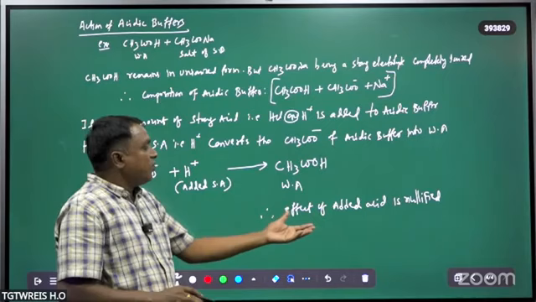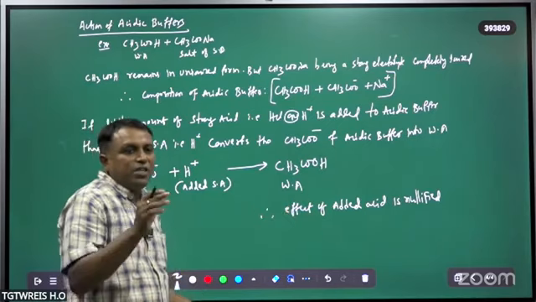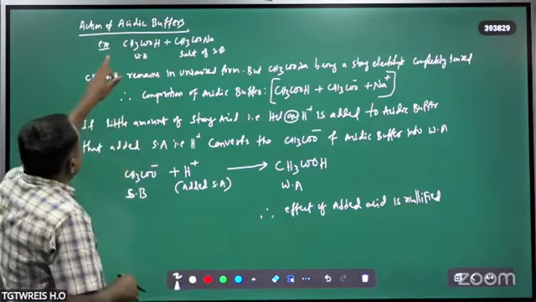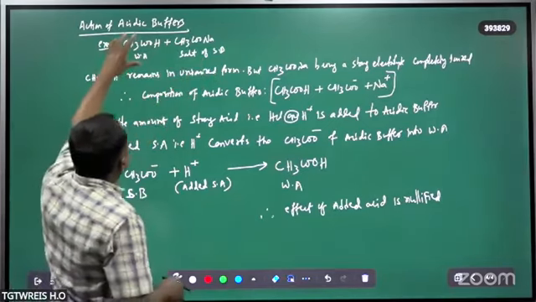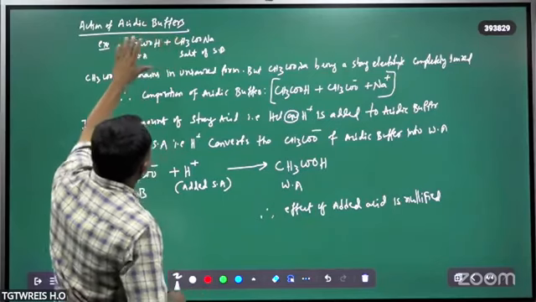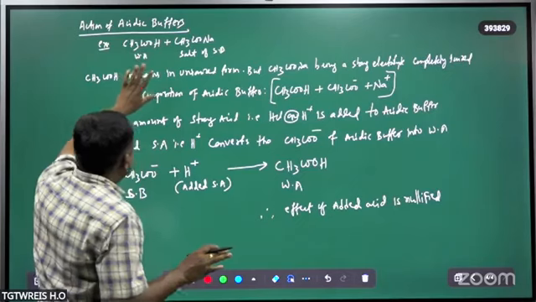Therefore, the added acid effect is negligible in this case. Suppose the buffer has some pH. CH3COOH plus CH3COONa has some pH. That is the buffer pH.